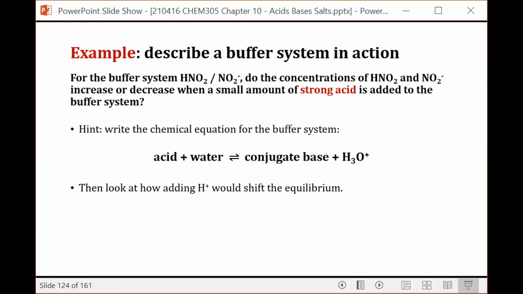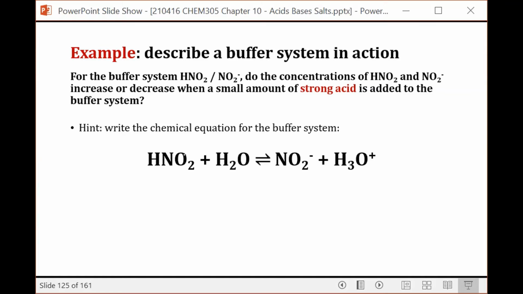So you want to start by writing the chemical equation for the buffer system. The buffer system is always going to consist of a weak acid plus water in equilibrium with the conjugate base of the acid and hydronium ion. And then we want to look at how adding H plus, a strong acid, would shift this equilibrium. Would it shift it to the left or to the right?